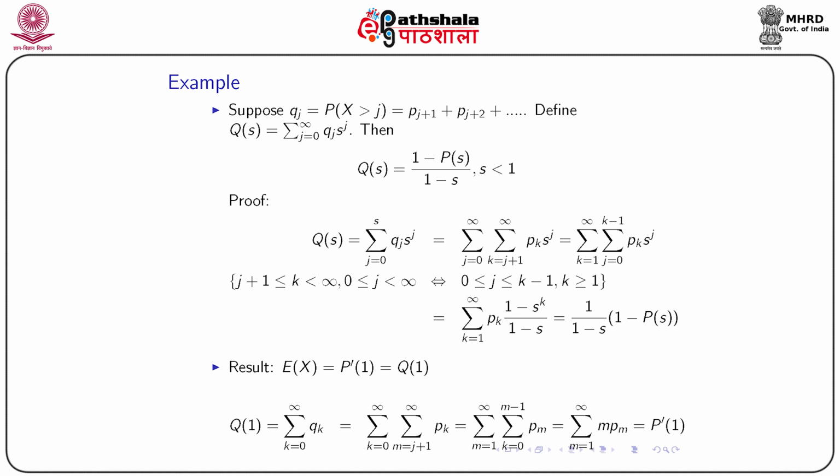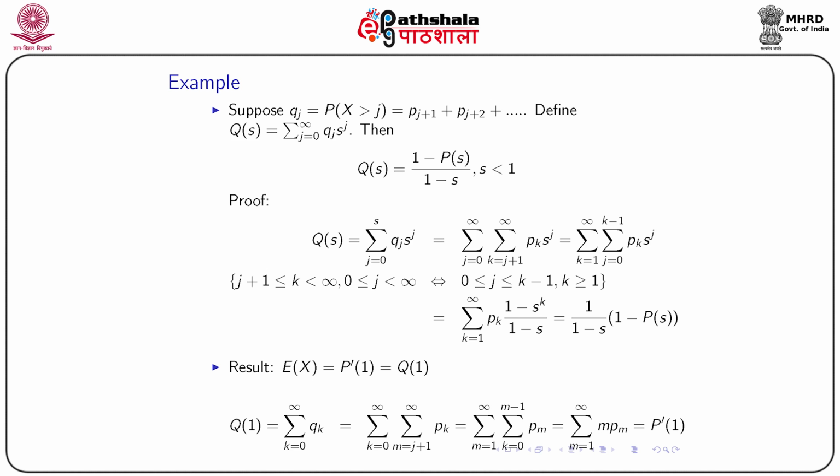Q(s), by definition, is the sum over j from 0 to infinity of q_j s to the power j. Now by the definition of q_j, this is the sum of p_k over k from j plus 1 to infinity. So right now we have two summations, one with j from 0 to infinity, one with k from j plus 1 to infinity.